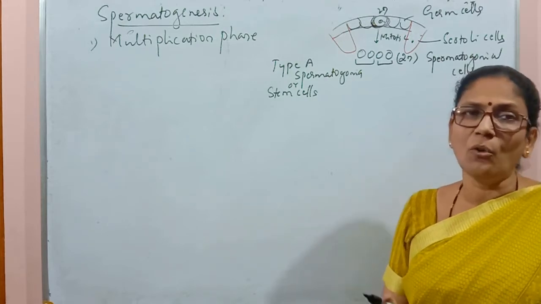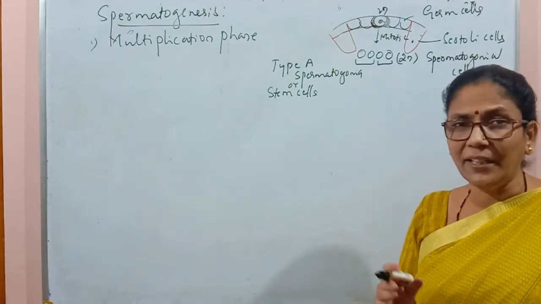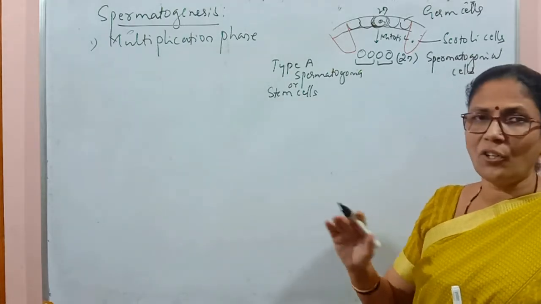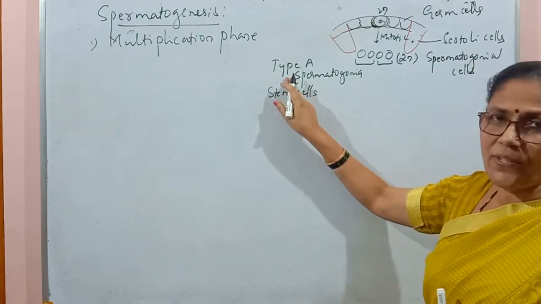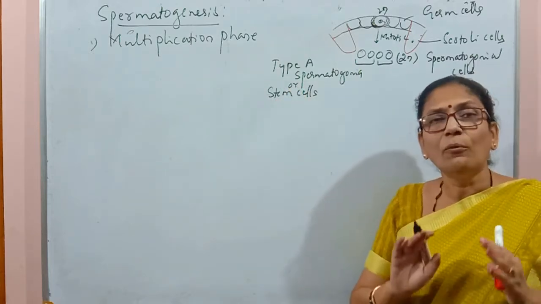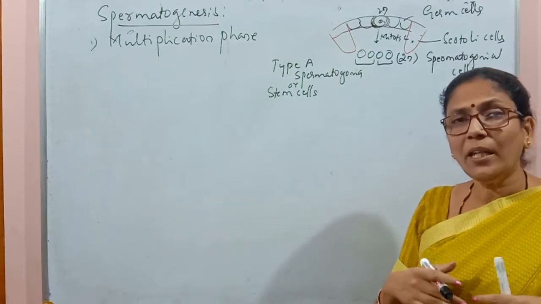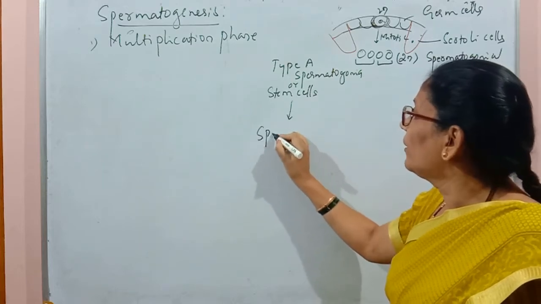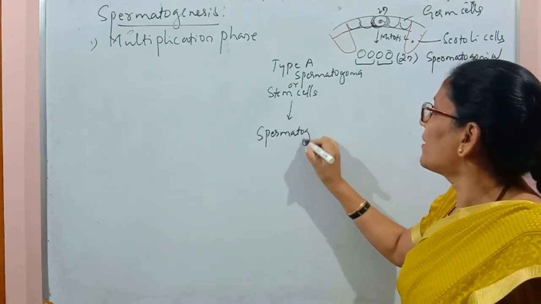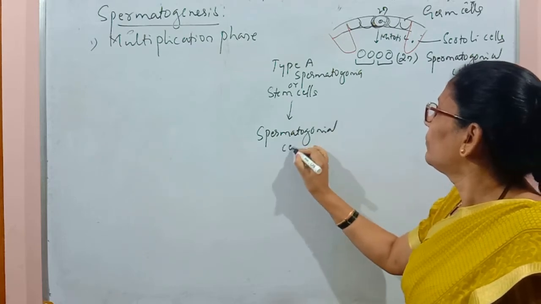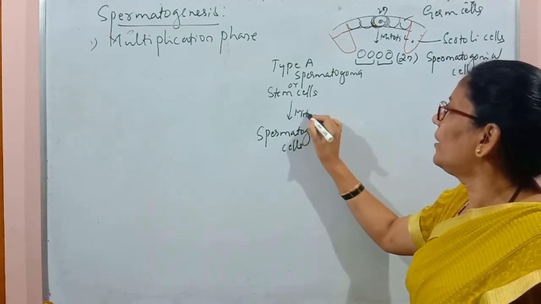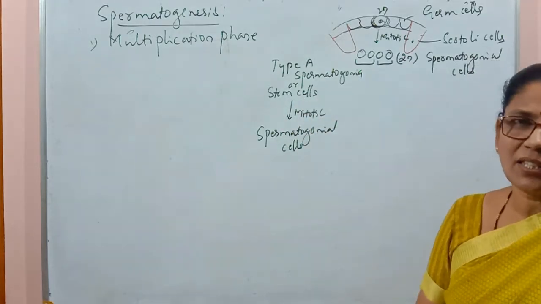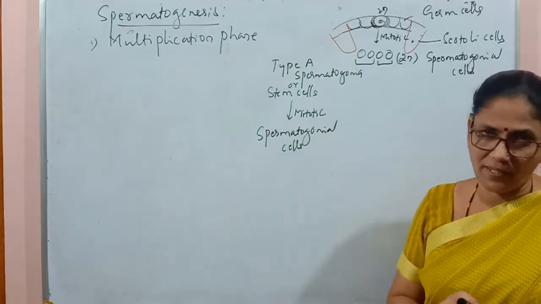But they never undergo further stages. So the growth phase and maturation phase do not occur in this type of cells. These are only helpful for the formation of many more spermatogonial cells by mitotic divisions. These cells are not entering into the next stages of the spermatogenesis process.